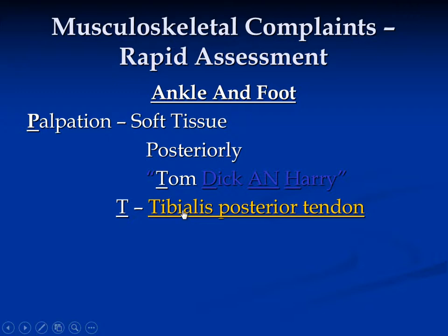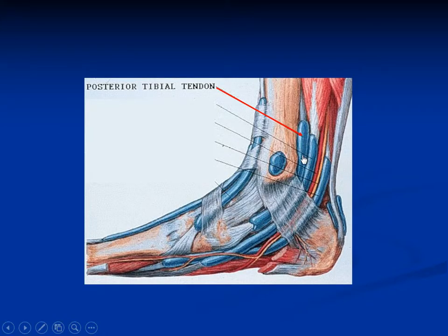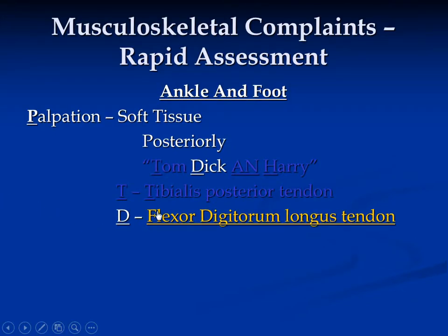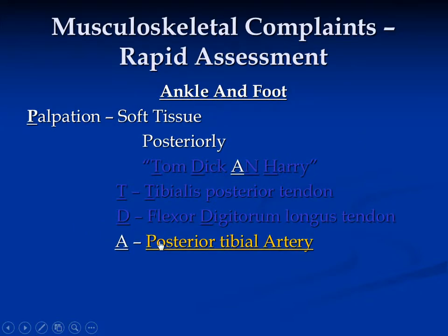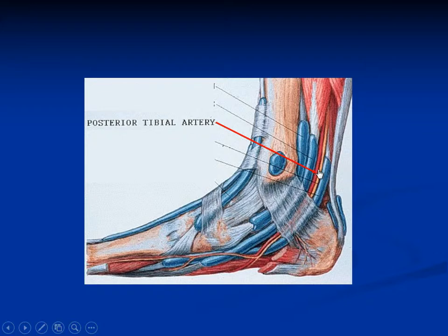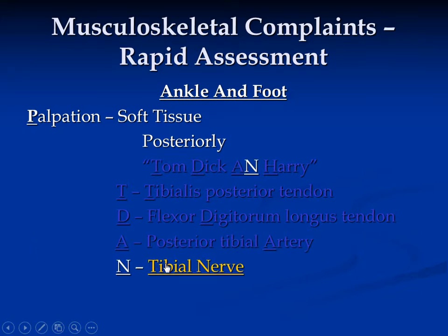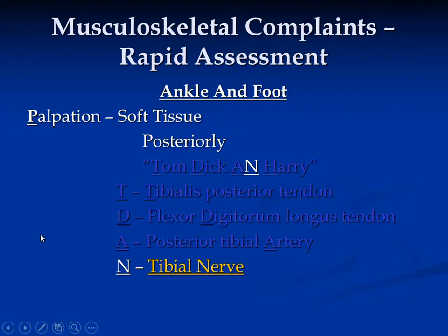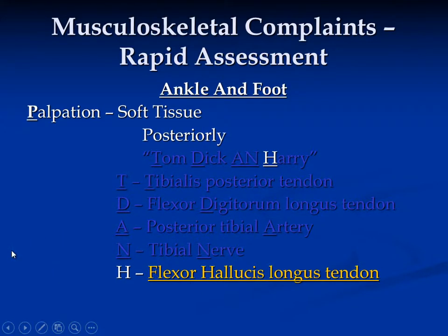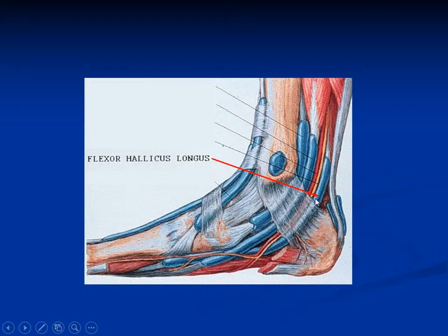First, you have tibialis posterior tendon, then flexor digitorum longus tendon, then the posterior tibial artery, and then the tibial nerve, and finally flexor hallucis longus tendon, which travels on the shelf of sustentaculum tali.